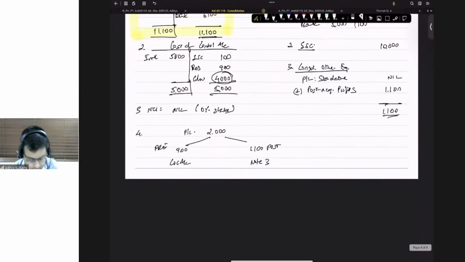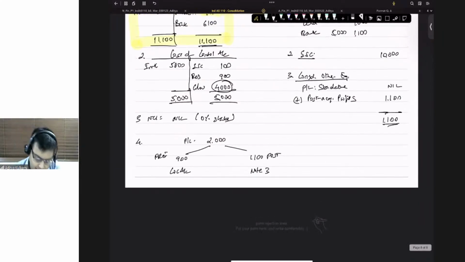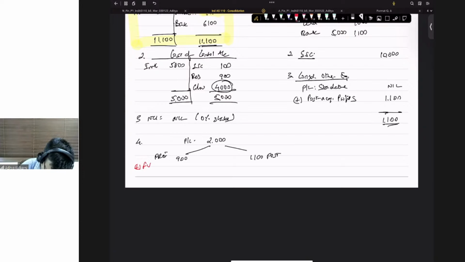So now let us start to understand how my analysis is going to look. Pre-acquisition reserve is appearing at 900. To this, you will add fair value adjustment 4,000. So this is now 4,900.